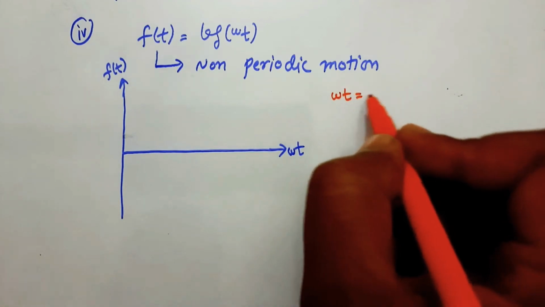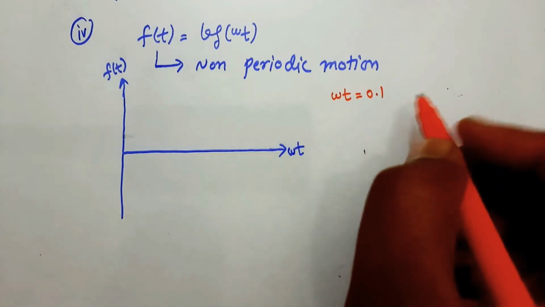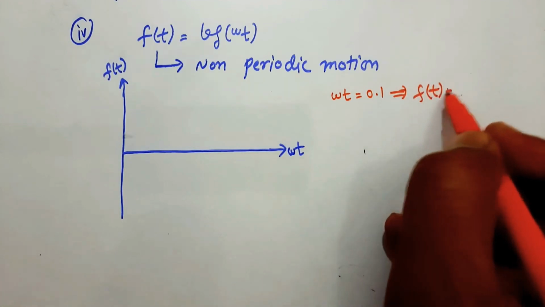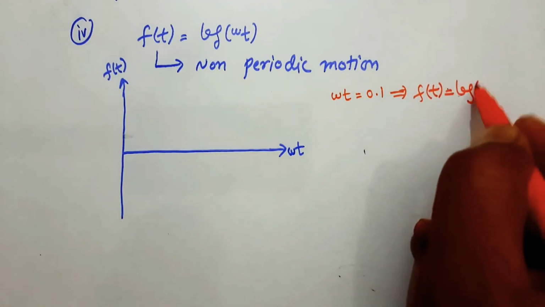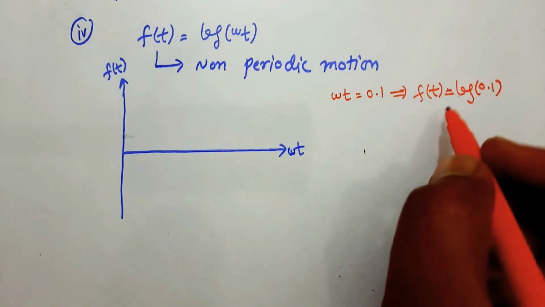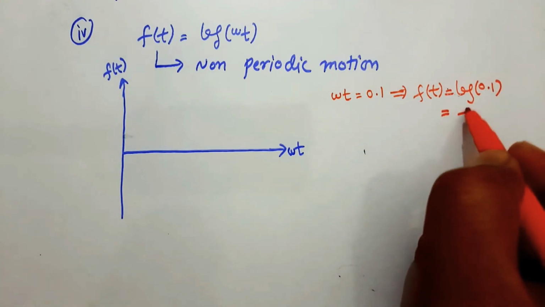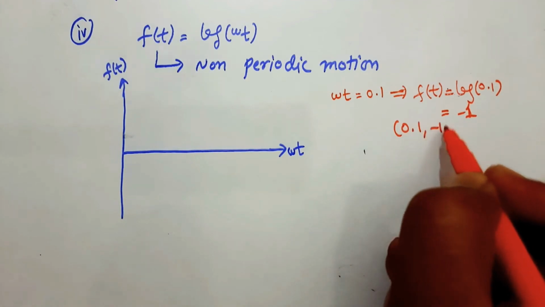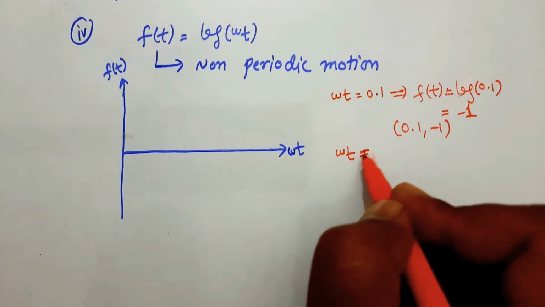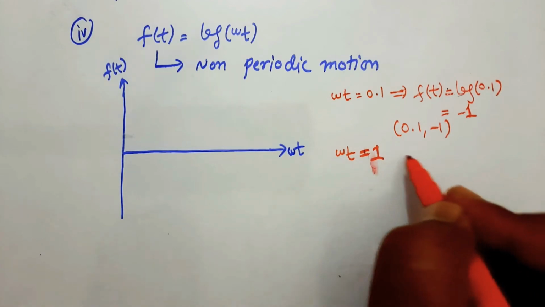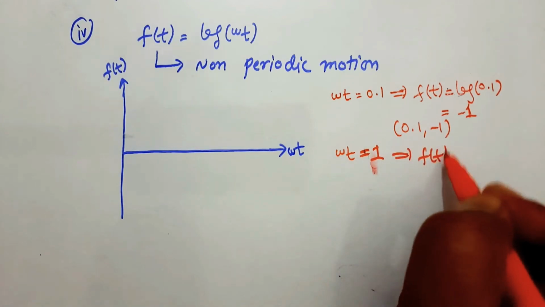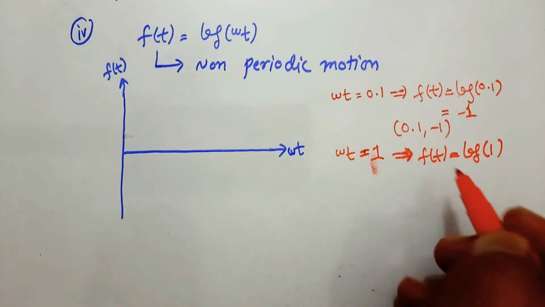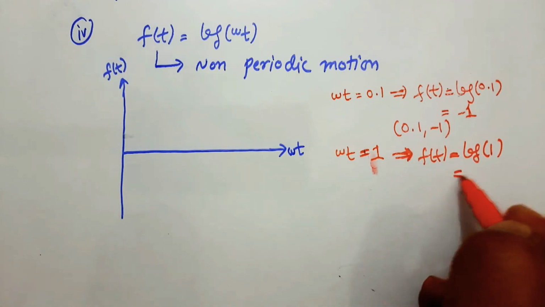Here omega t is equal to 0.1. So what about f of t? F of t is equal to log 0.1. That value is minus 1. What are the coordinates? 0.1 comma minus 1. If omega t is 1, f of t is equal to log 1, and log 1 is equal to 0.